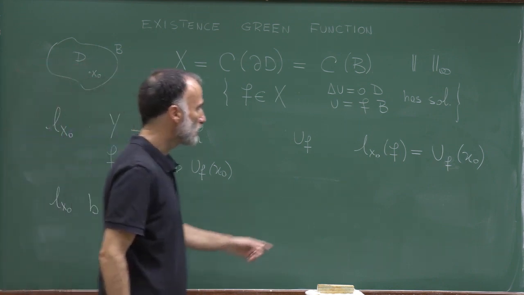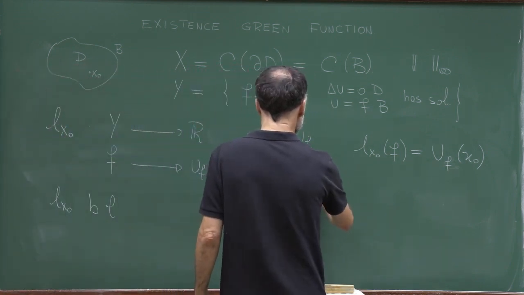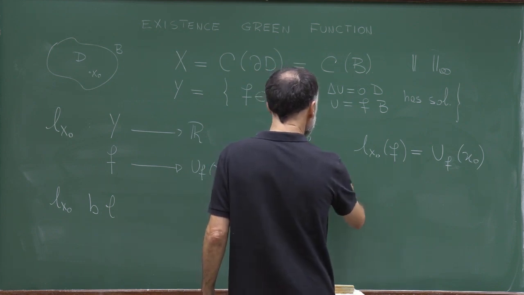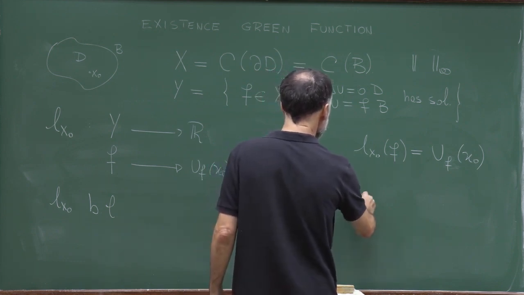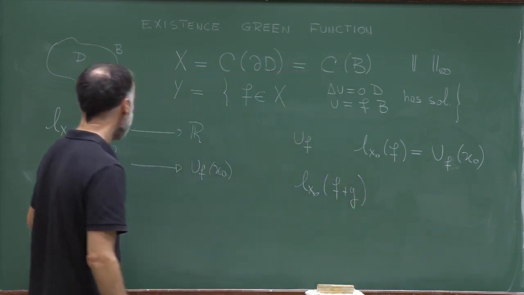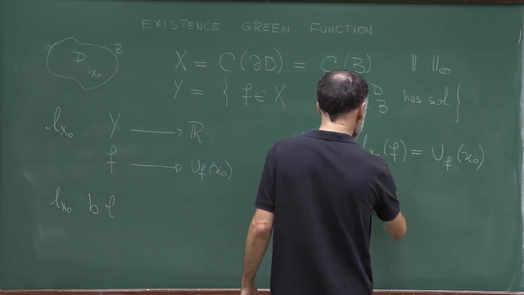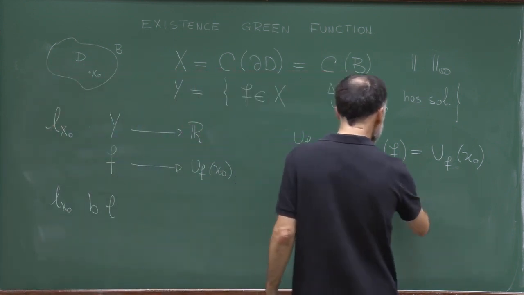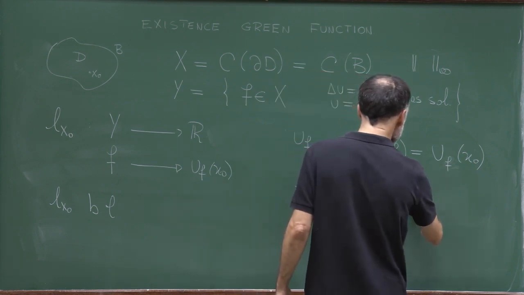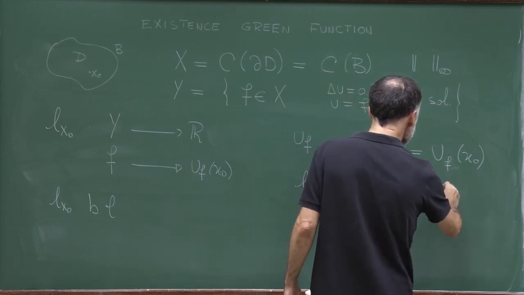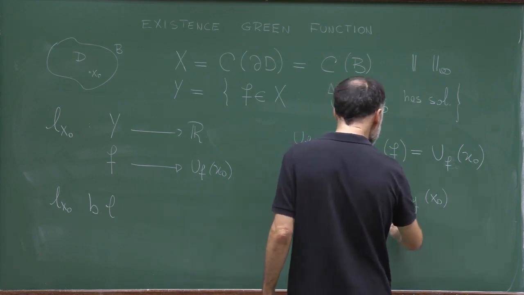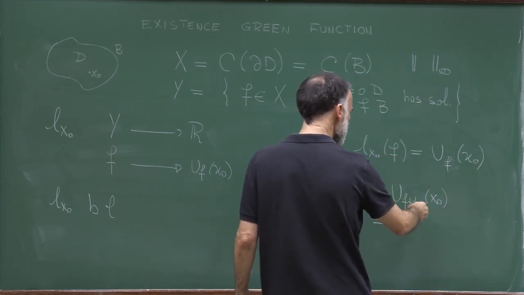So let's prove that it's linear. So let me take a sum f plus g, assuming that f and g belong to Y. So this, by definition, is u_{f+g} at x0, but we have seen that u_{f+g} is equal to u_f plus u_g.